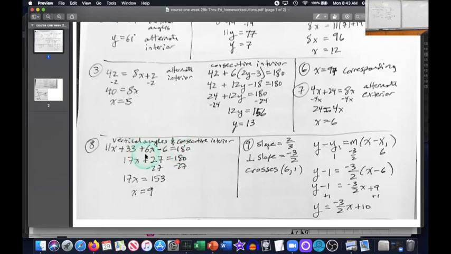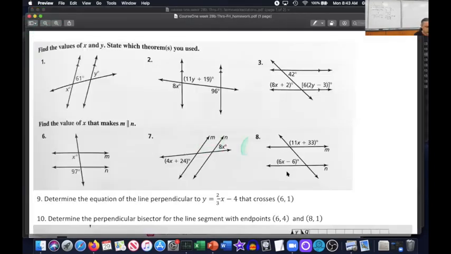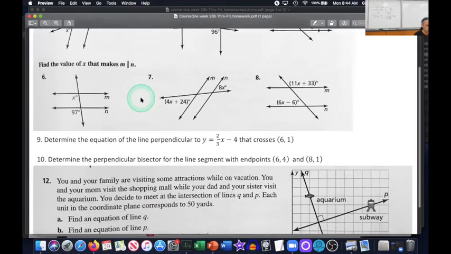The vertical angle is consecutive interior with the 6x minus 6. You could also think of the vertical angle of the 6x minus 6 here, which if you do it that way, then you have consecutive exterior. So however you get it, you're going to wind up dealing with consecutive.